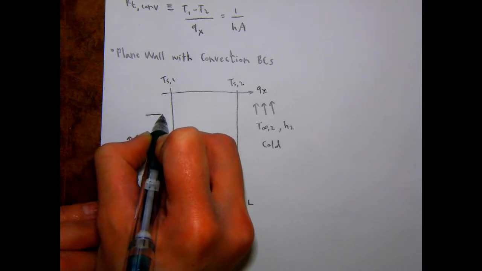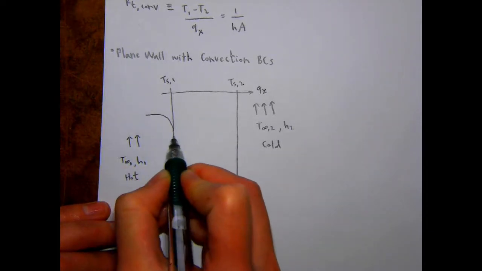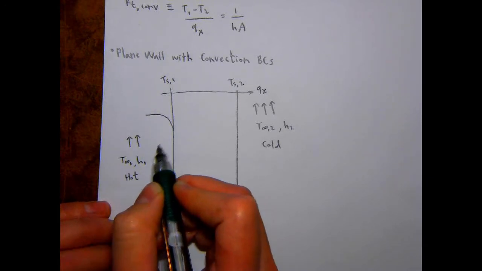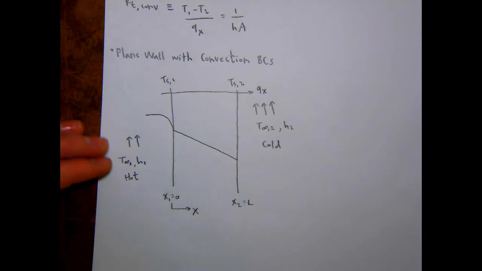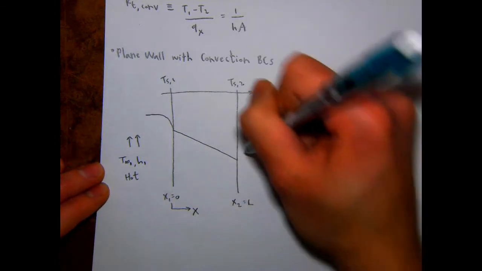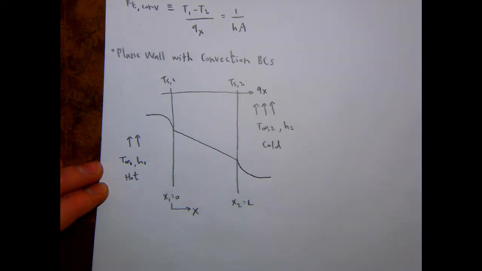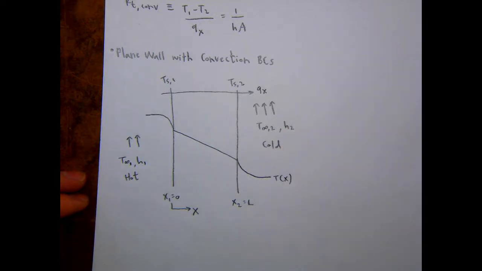And then we're going to kind of come down to the surface temperature in this thermal boundary layer type shape. And then the temperature through the wall is going to be linear. And then we're going to come back out into the fluid temperature on the other side. And that's going to be our just kind of qualitative T of X.